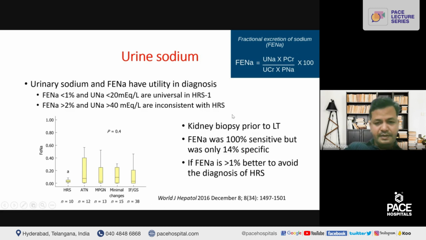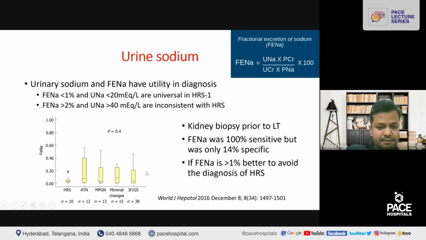But if the sodium fractional excretion is less than 1%, does it tell about HRS diagnosis always? No. In this study, which was done in patients who were going for liver transplantation, a prior kidney biopsy was done because the GFR was less than 40.